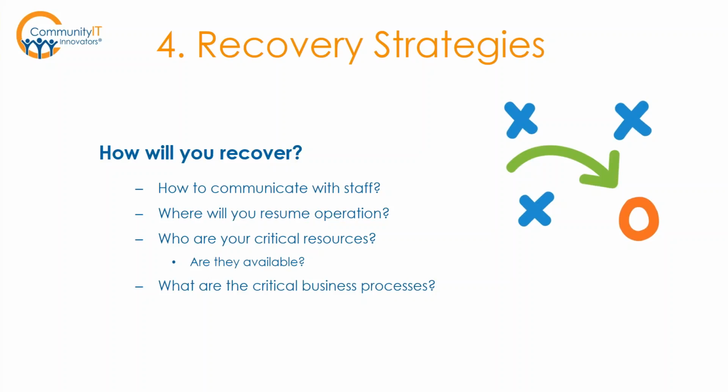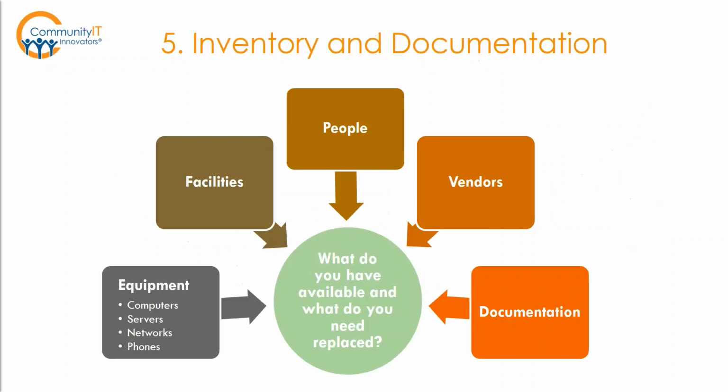So maybe if email is our most critical thing, we do need to make sure that it's a cloud service offered by Microsoft Office 365, because we know that has much more redundancy and business continuity capability than having email in our own office on an on-premise server.